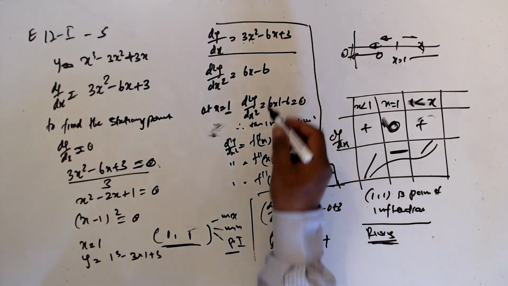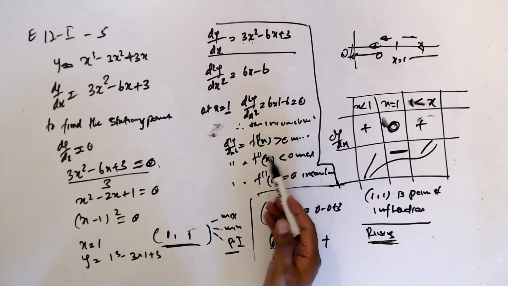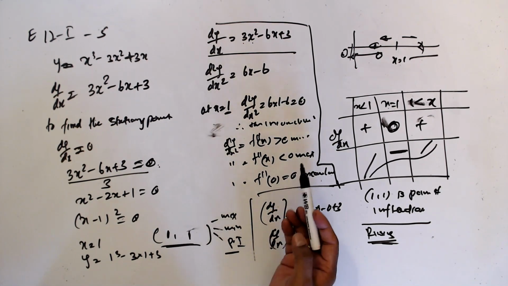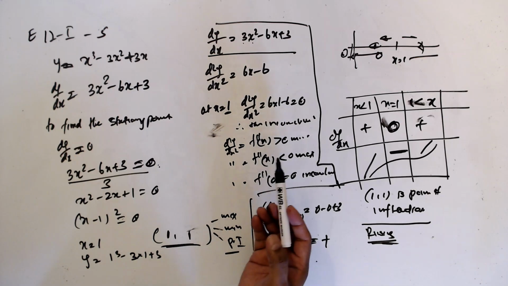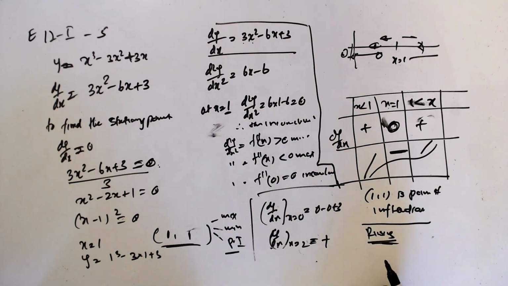This is a good example that the second derivative test doesn't always work. For most cases it is fine, but for some cases like this, we have to switch to the second method. If you don't know the second method, then you can't get the marks.